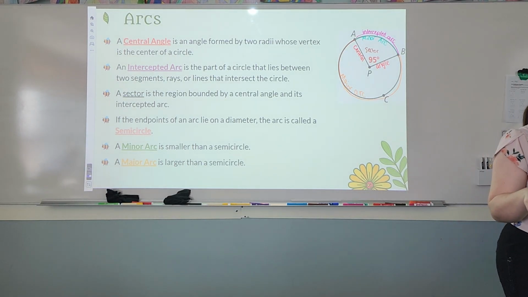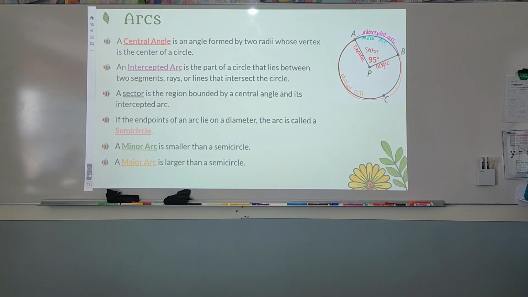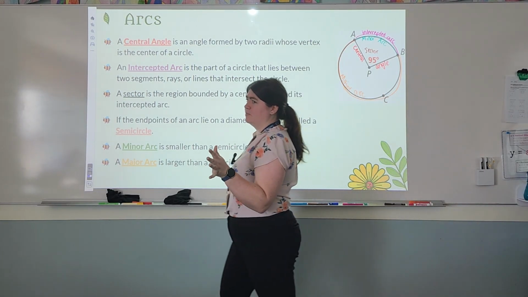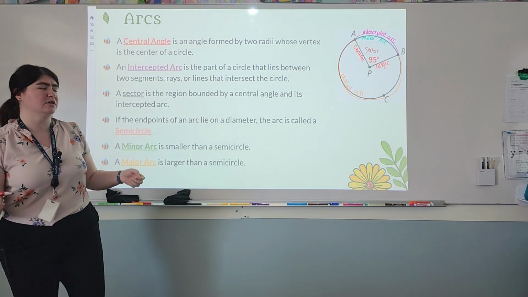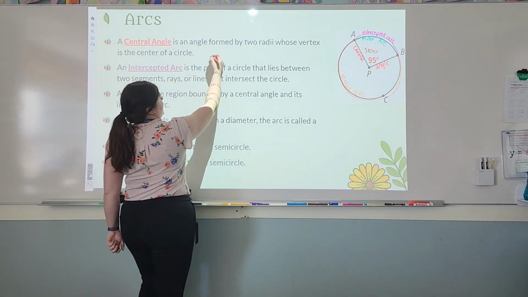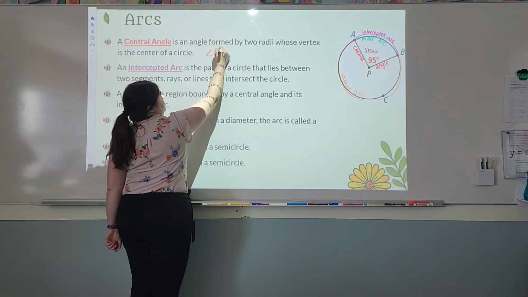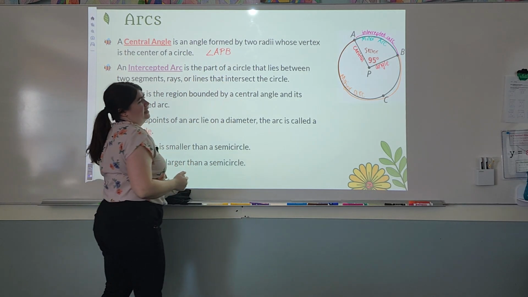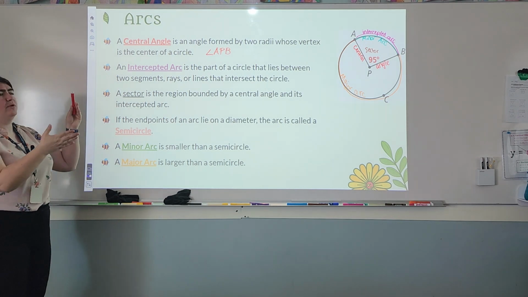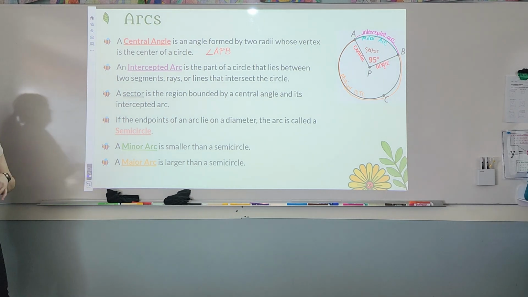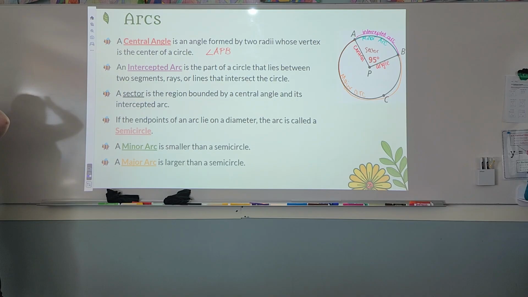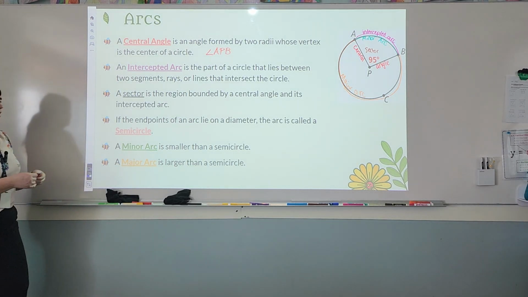Now we're going to talk about how we name them and how we write the names. So the central angle, that's just the same angle notation that we've been using. So angle APB is a central angle. We've done that. We've seen it. An arc is pretty similar to how we were naming segments, lines, rays, opposite rays, that type of thing.